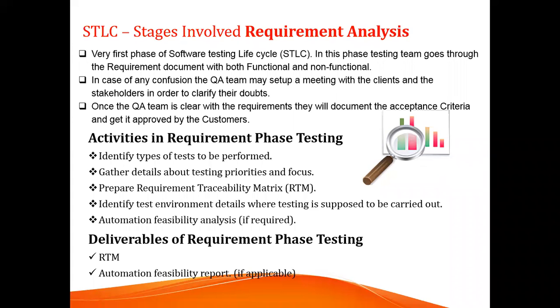This is the traceability matrix, where you map your test scenarios or test cases with the original requirement. By that, you will not miss any requirement in your testing cycle. If you see a requirement, you should have at least one test case written for it.